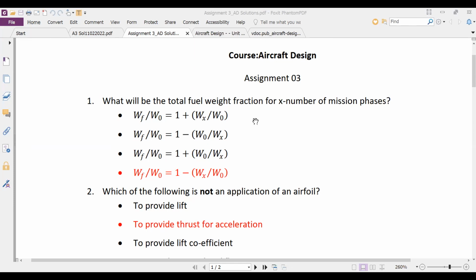And W naught is the initial weight. Good. So you got the answer right? Yes, sir. Then I think we will go to question number 2, because you did it. Most probably everyone else also did it.